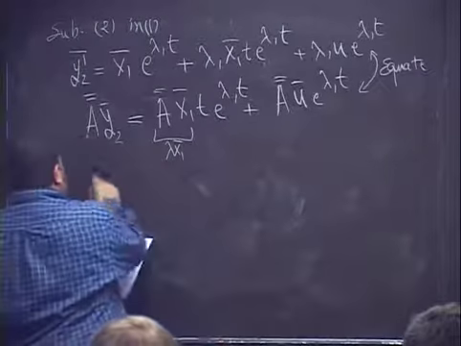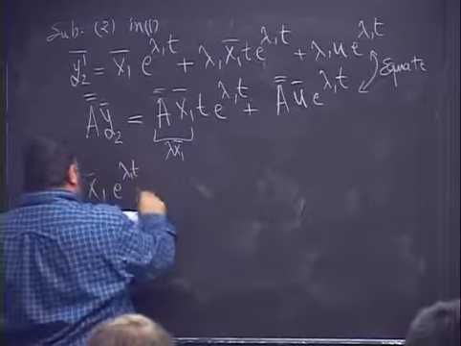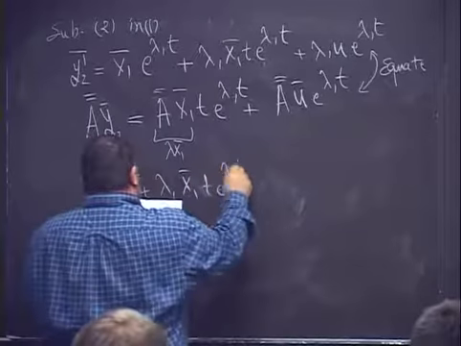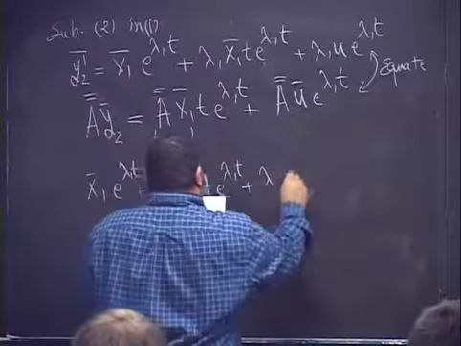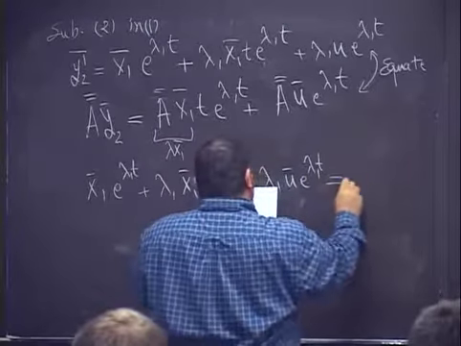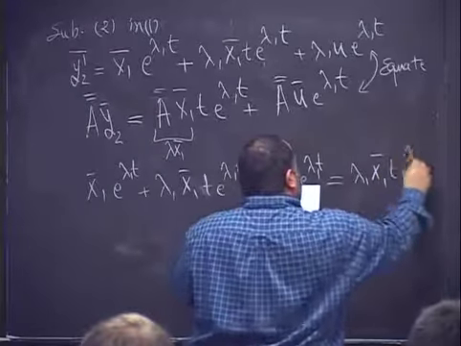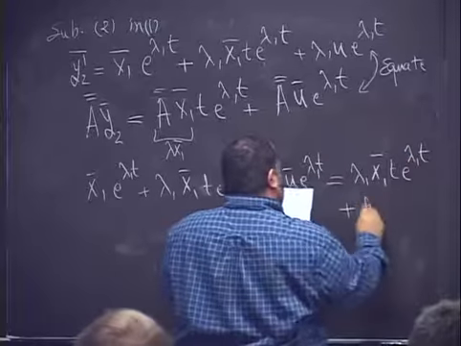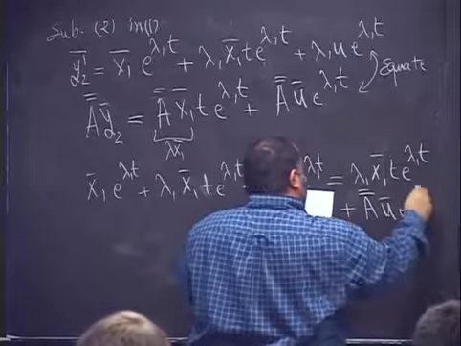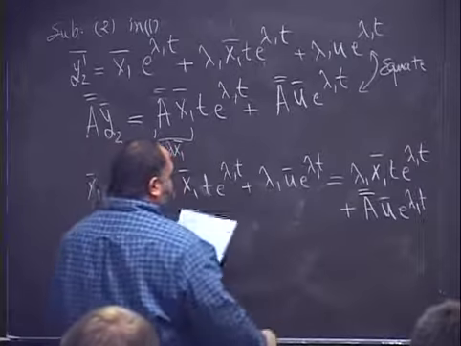When you equate them, you end up with x1 e to the power of lambda 1 t plus lambda 1 x1 t e to the power of lambda 1 t plus lambda 1 u e to the power of lambda 1 t equal to lambda 1 x1 t e to the power of lambda 1 t plus A u e to the power of lambda 1 t.